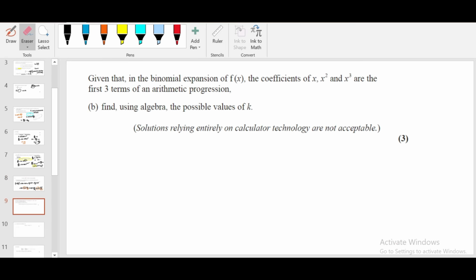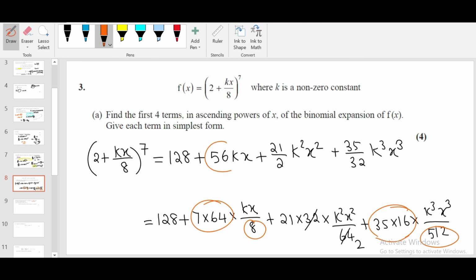Part B says, in the binomial expansion we got from part A, the coefficients of x, x square and x cube are the first 3 terms of an arithmetic progression. If you look at it, the coefficient of x is 56k, the coefficient of x square is 21 over 2 k square, and x cube is 35 over 32 k cube.